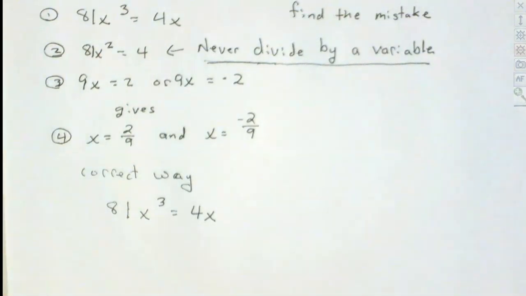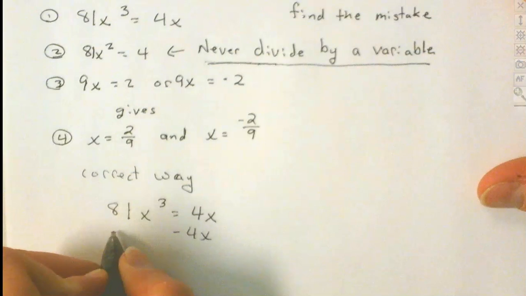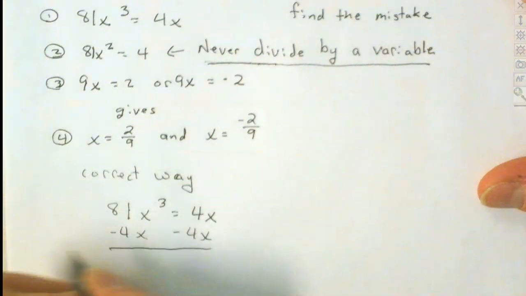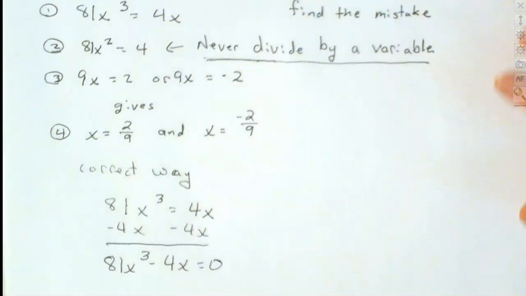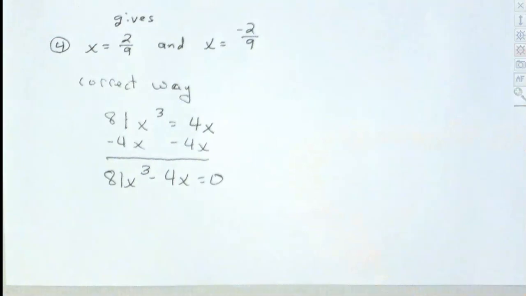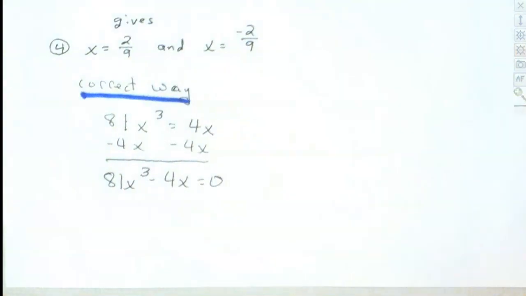This is a zero-factor problem, so what would my first step be? Set it to 0. Okay, we're on track with that. Now it's set to 0. What's my next step? What's in common? Yep, take that out.